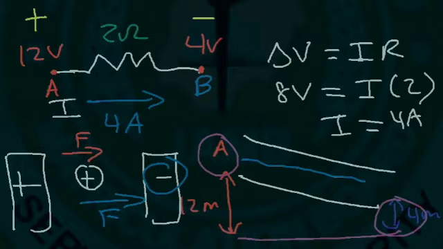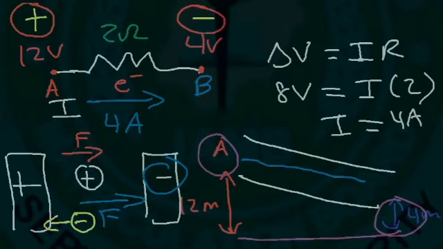If you place an electron between these two plates, the electron will be repelled by the negatively charged plate, and it will want to go towards the positive plate. Likewise, an electron in this resistor is attracted to the positive charge and repelled by the negative charge, so it's going to flow in the opposite direction.